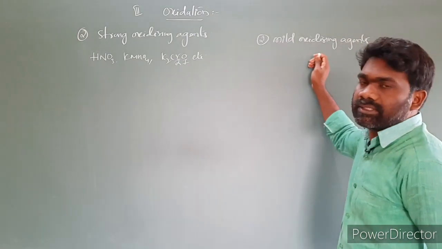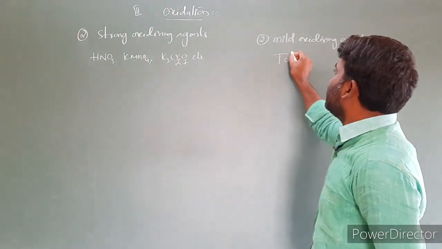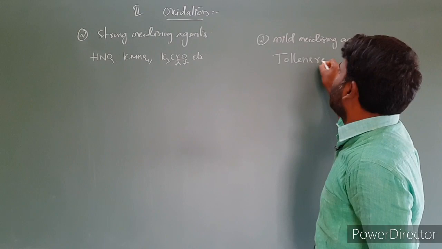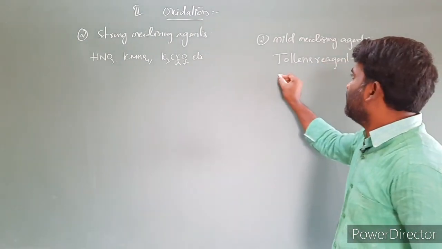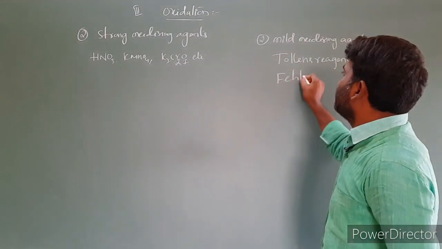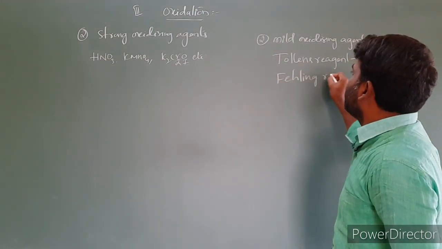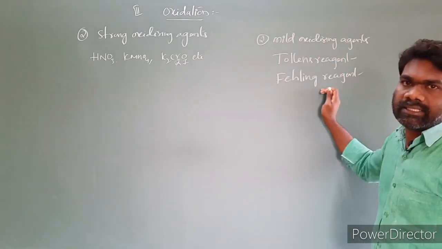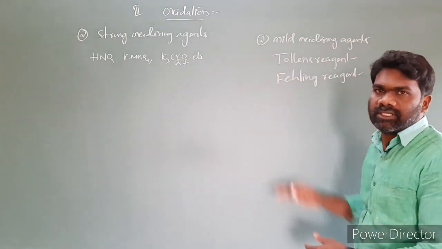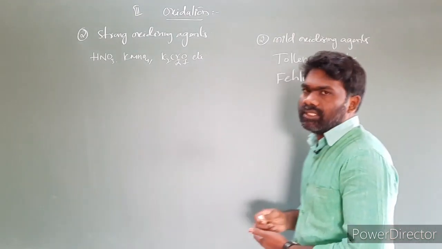Examples of mild oxidizing agents are Tollens reagent or Fehling reagent. Tollens reagent and Fehling reagent are examples of mild oxidizing agents. Very, very important reagents, Tollens and Fehling.